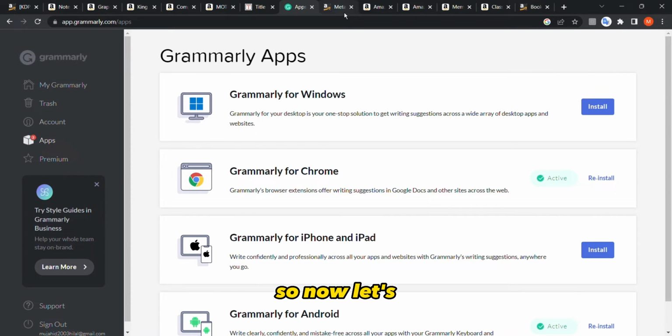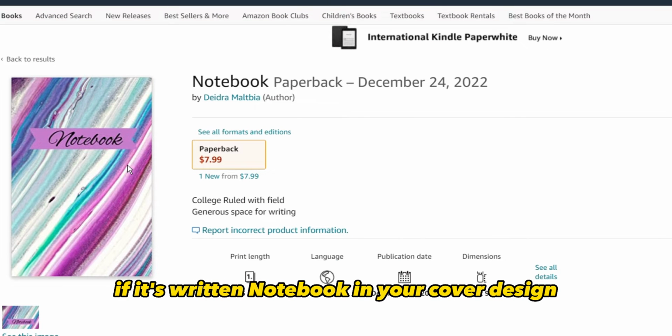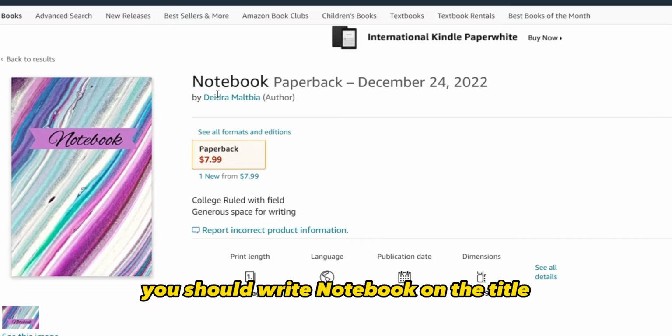So now let's get started on how to really structure your title and subtitle. Firstly, your title: you must understand that the title should contain only the actual title of your book as it appears on your book cover. If it's written notebook on your cover design, you should write notebook in the title.